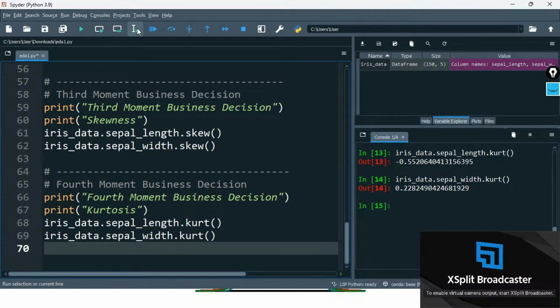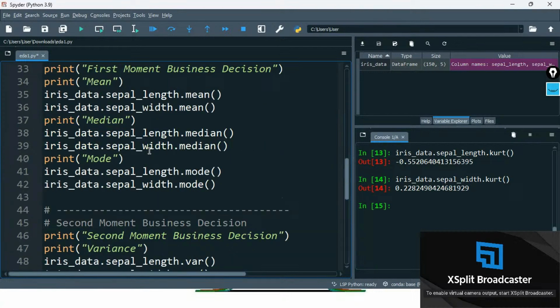Positive. It's representing positive kurtosis. With respect to visualization, what kind of peak you'll observe? Sharp peak or wide peak? We'll observe a sharp peak with long tails. Good. I hope it's making sense.